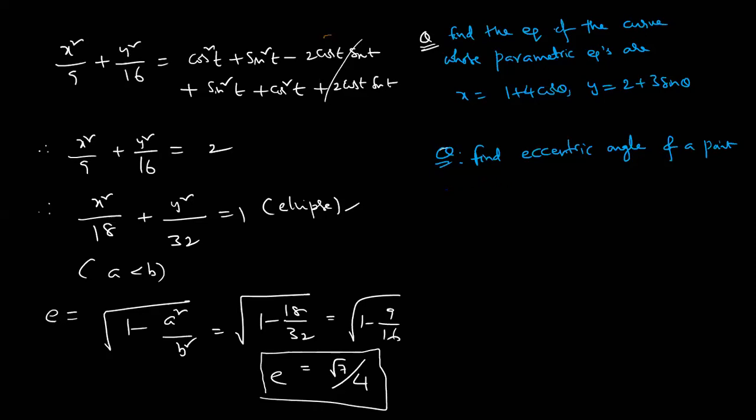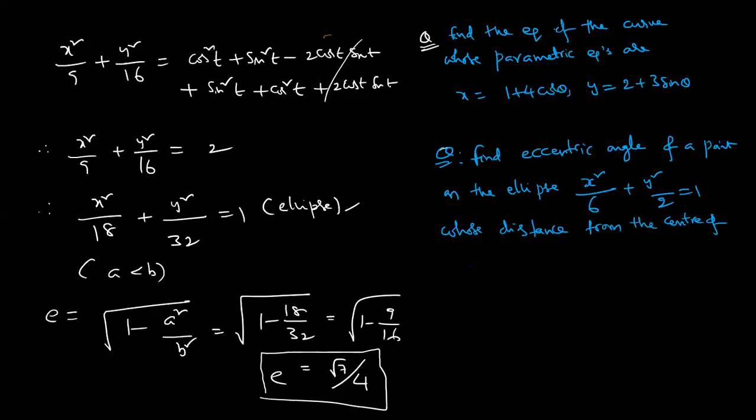Find the eccentric angle of the points on the ellipse x squared by 6 plus y squared by 2 is equal to 1, whose distance from the center of the ellipse is root 5. Anyone?